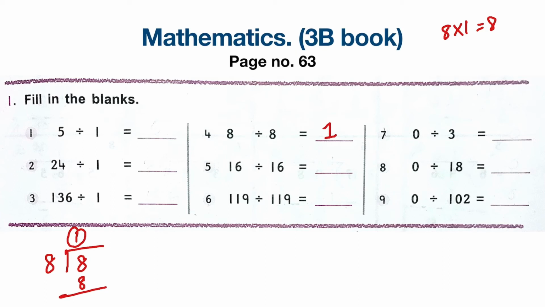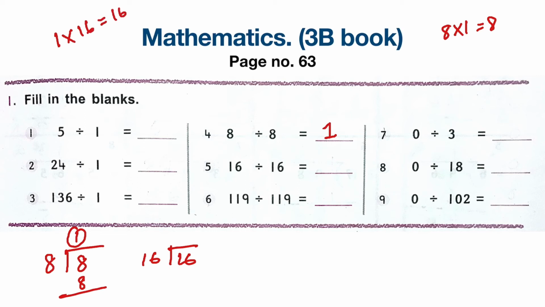Next we have a 16 divided by 16. It is also the same thing. Okay, here 16, it is divided by 16. So earlier I told you that if we multiply 1 with any number, the answer will be the same as the number. So here suppose 1 into 16 is equal to 16, right?